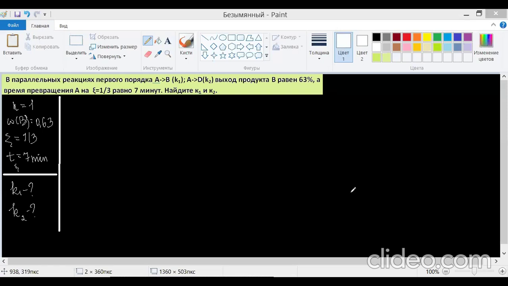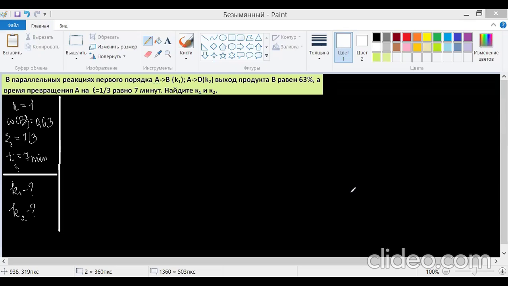Now let's proceed to the next problem. We've got a series of two parallel reactions. A turns into B, and it also turns into D. In other words, we've got two products, B and D. Now, the concentration of B in the system is equal to 0.63, and now A transforms by a third.